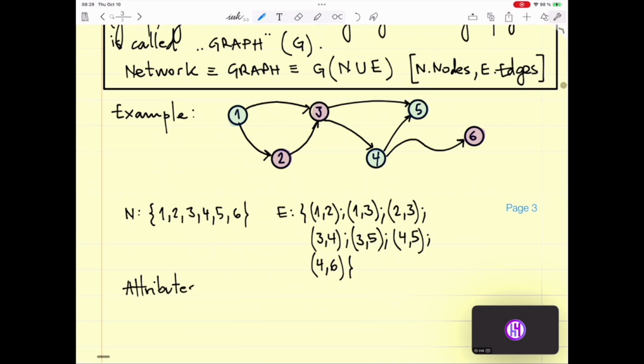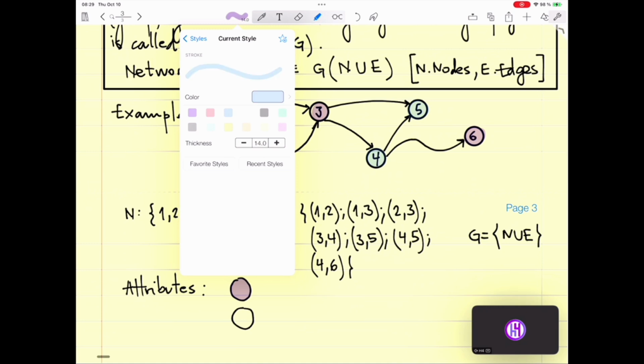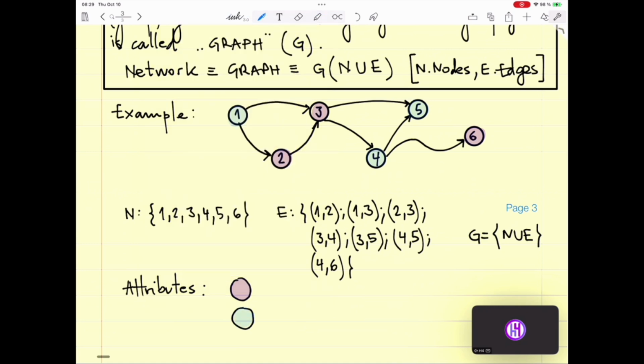So the G would represent the entire set. The G is the union of both sets. So attributes would be blue, and violet, okay?